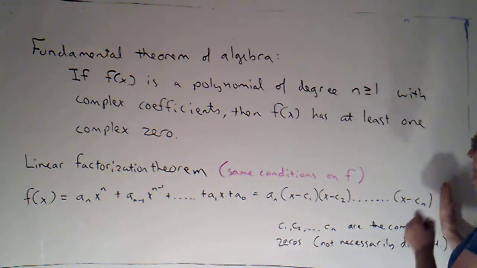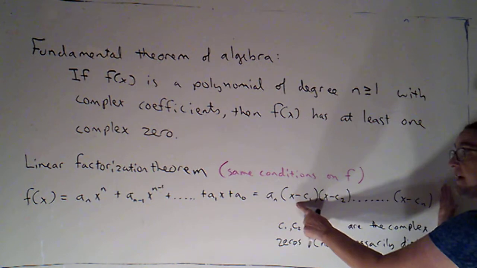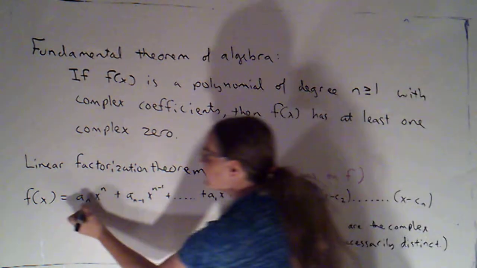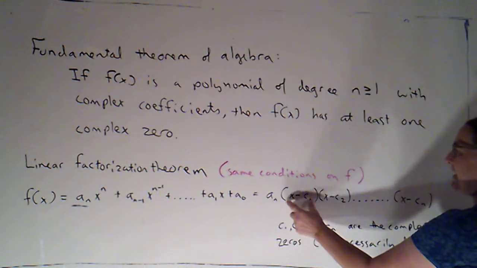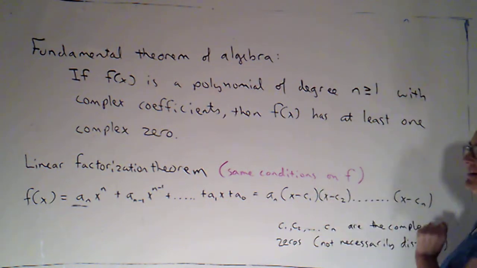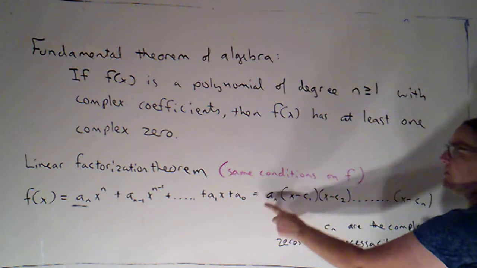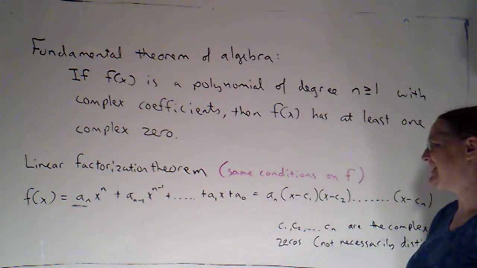This theorem says that we can completely factor f over the complex numbers into a product of linear factors and then one constant factor. If my lead coefficient is some number other than 1, then if I look at all of these factors of x minus a zero, x minus a zero, x minus a zero, that would give me something with a lead term of 1. I need to multiply by my lead coefficient, a sub n, in order to get the right lead term.